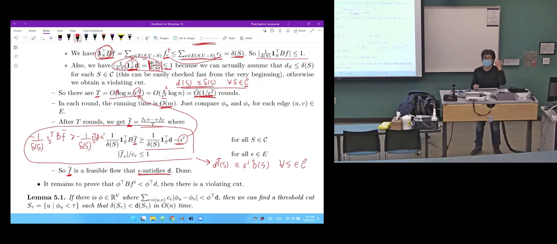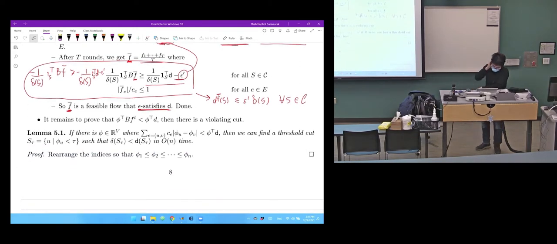And to compute the flow f_t, just look at every edge and compare the potential across the edge. So you see that the total running time is just linear times the number of rounds. Okay. So it's a super simple algorithm, really. Once you are given the cut approximator, you just do something extremely simple in each round.